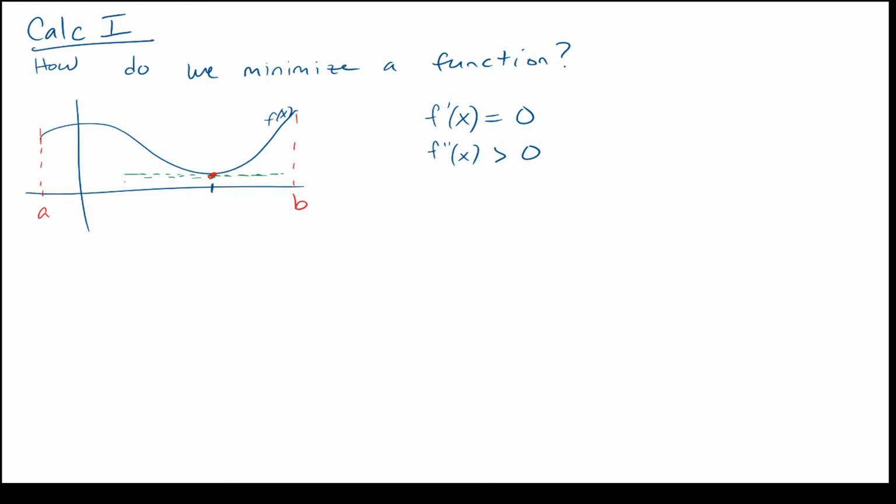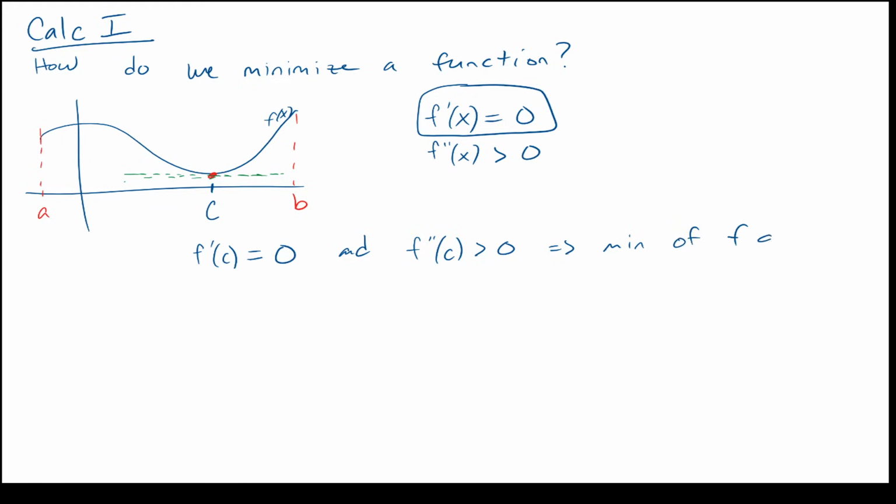But the key takeaway is that we take the derivative and evaluate it at this point. We'll call it c. So f prime of c equals 0, and f double prime of c is concave up, positive. We have a minimum of f at c. So that's like the second derivative test from calculus 1.